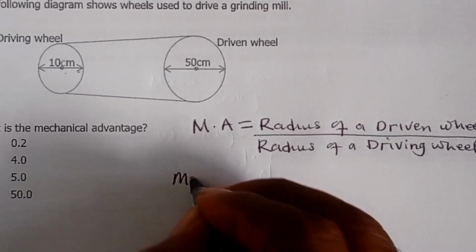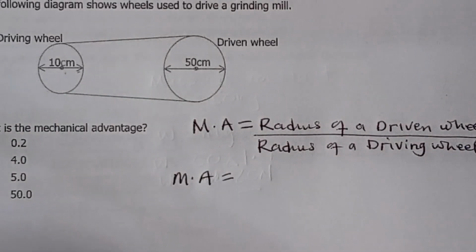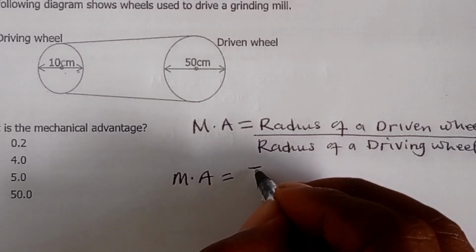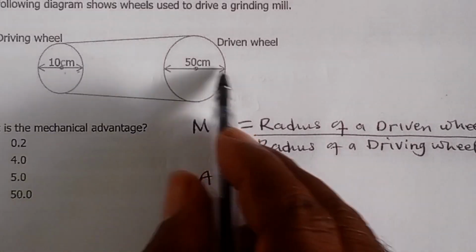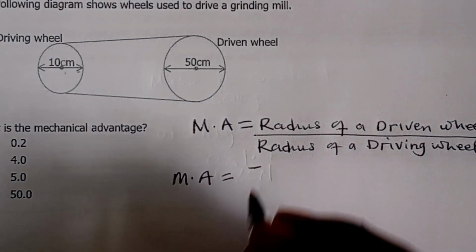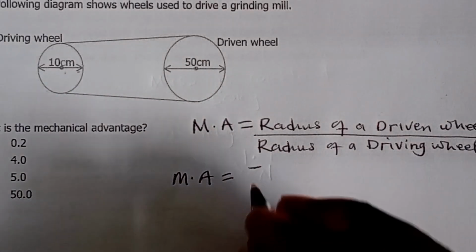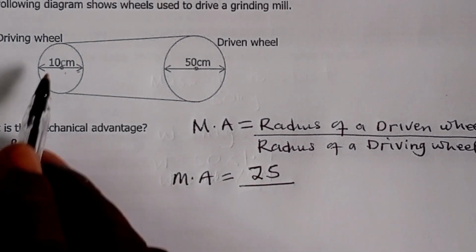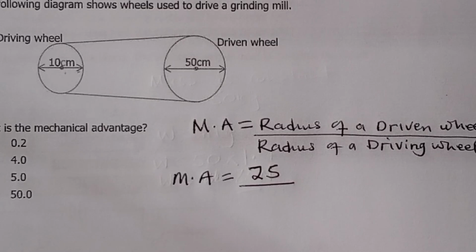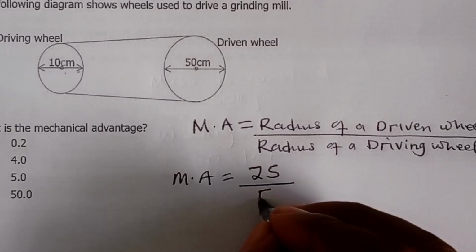So mechanical advantage is equal to, so radius of a driven wheel, it is 25. You can just get 25, there is no problem. So if the diameter is 50, then radius is 25. So 25 divided by, if diameter is 10, radius is 5.